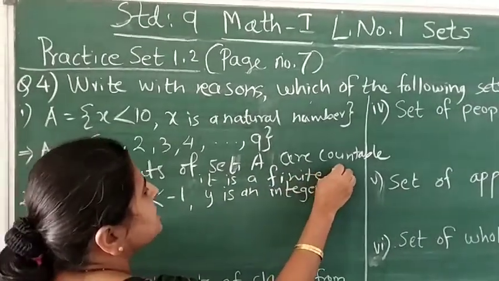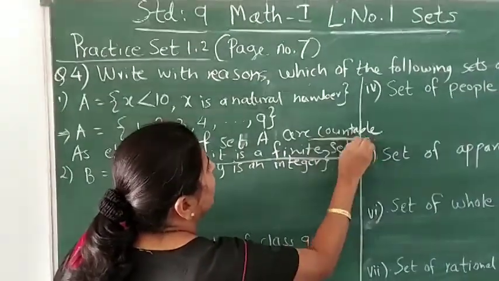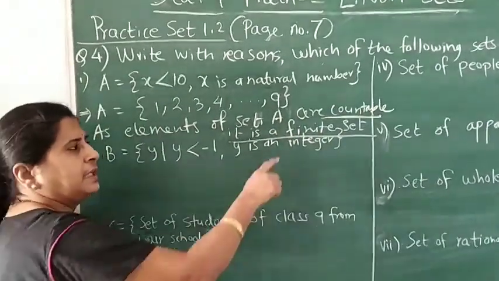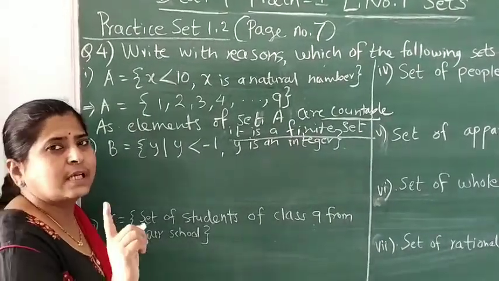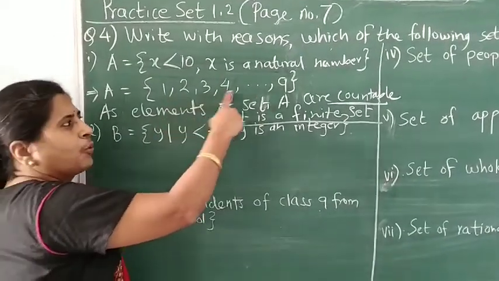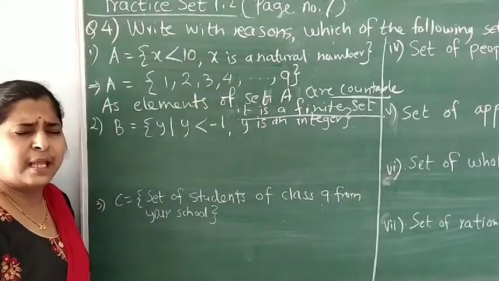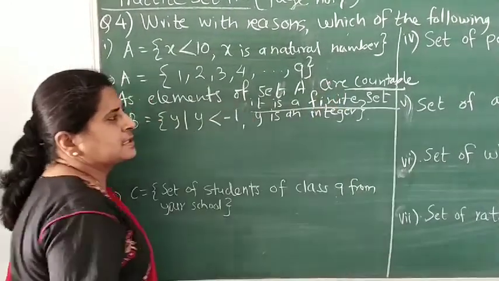So our answer will depend on this criterion: whether it is countable or limited, then it is finite. If it is not countable, not limited, it is infinite. That will be our reason. Sometimes we will be able to write the set in listing form, sometimes we may not be able, but we need to write our answer in this way.